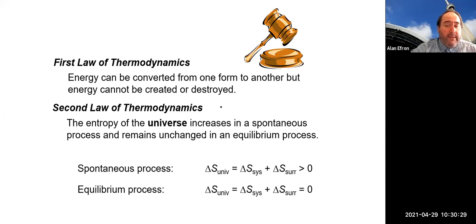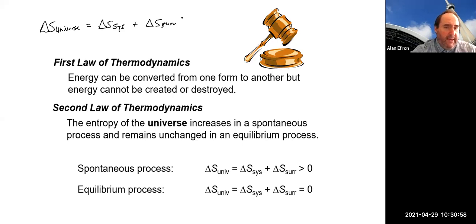So when we talk about using entropy to determine whether or not a reaction is going to be spontaneous, we need to calculate the delta S of the universe. And the delta S of the universe is made up of two things: the delta S of the system plus the delta S of the surroundings.